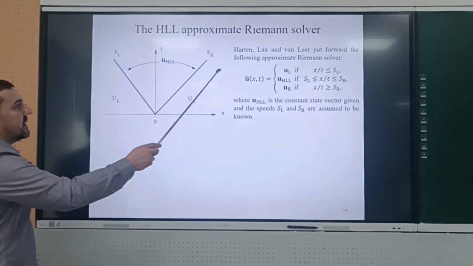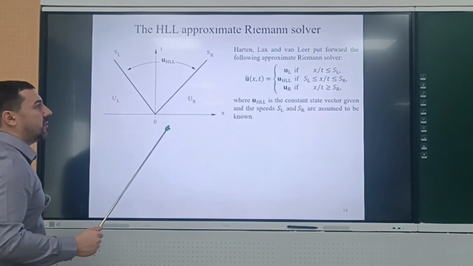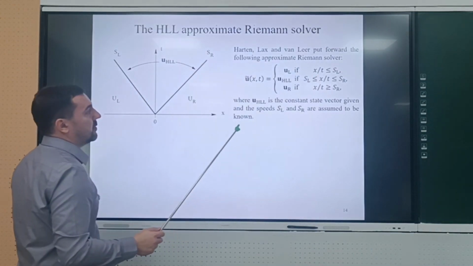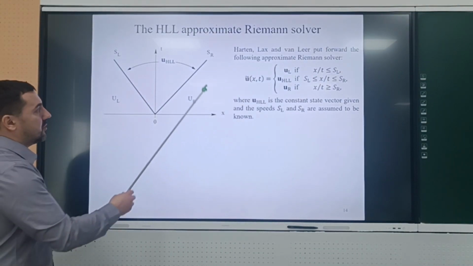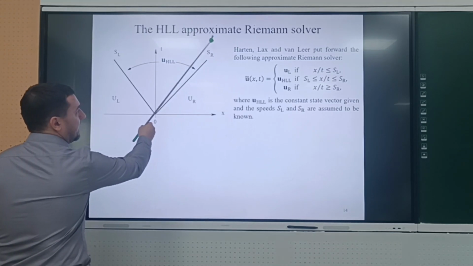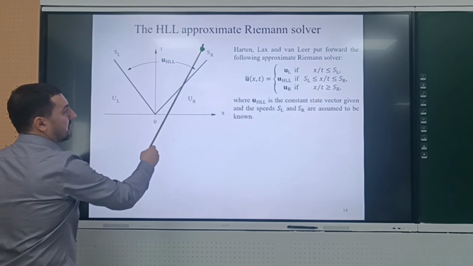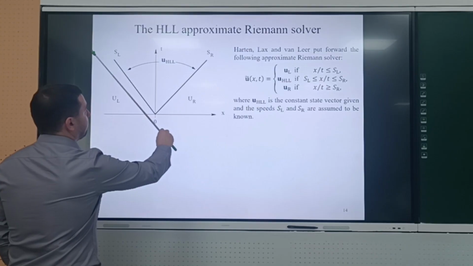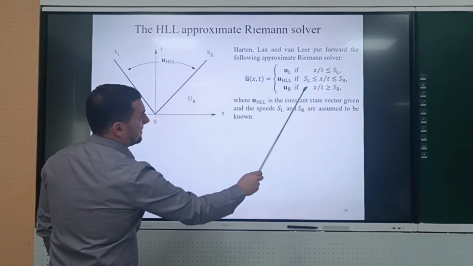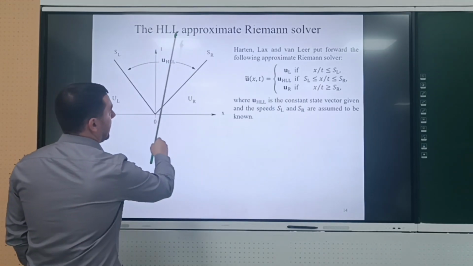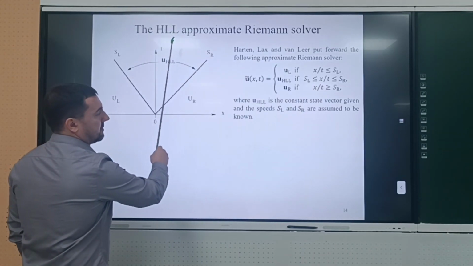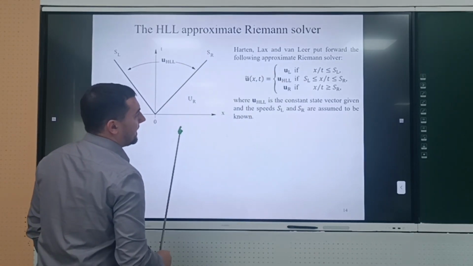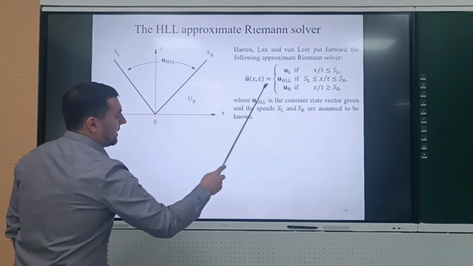And so Harten, Lax and van Leer put forward the following approximate Riemann solver based on the following states. Once again, like in the Godunov method and like in the Riemann solver, we consider this ray x over t and find the region in which it falls. If x over t is less than SL, we take the left state. If x over t is between SL and SR, we take this computed constant U_HLL state. And if x over t is greater than SR, we take the right state.